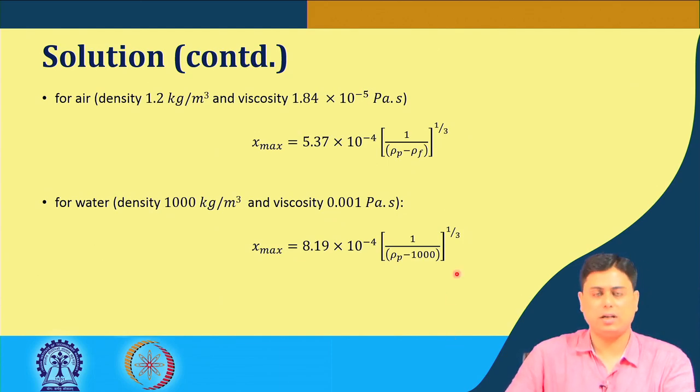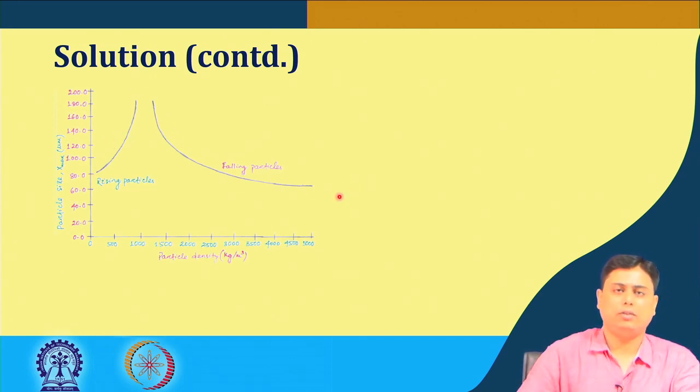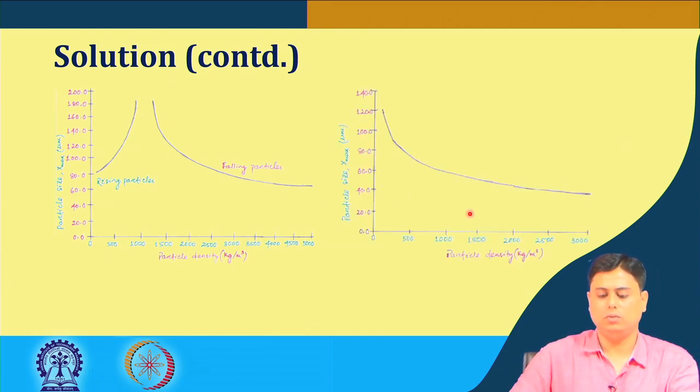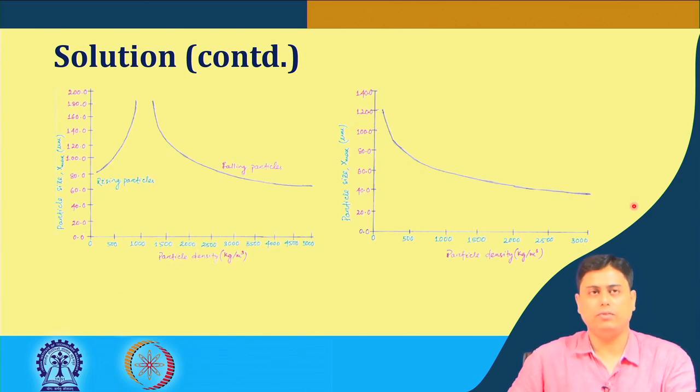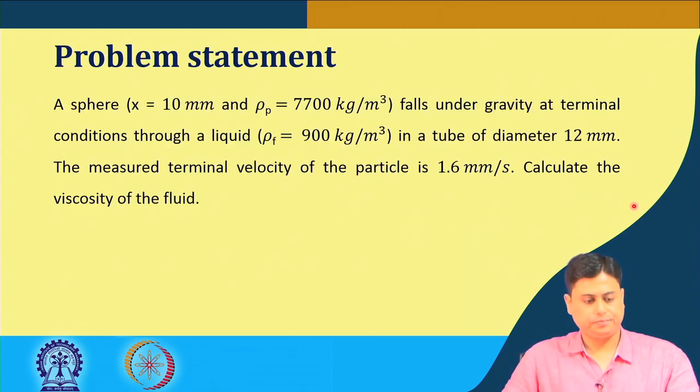This is the lighter particle, lighter than the water. That is why until 1000 you get a rising particle curve, and then after 1000 you get this falling particle curve, which is similar in trend to that of the air but differs in magnitude. So this was the last problem that we solved.